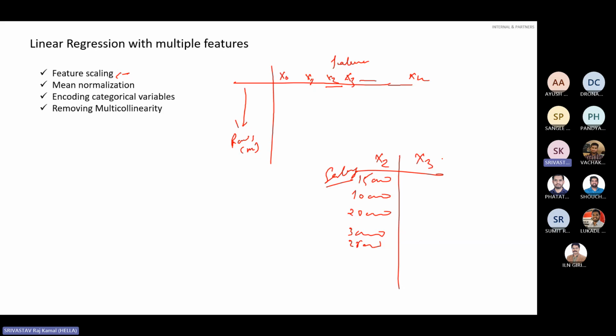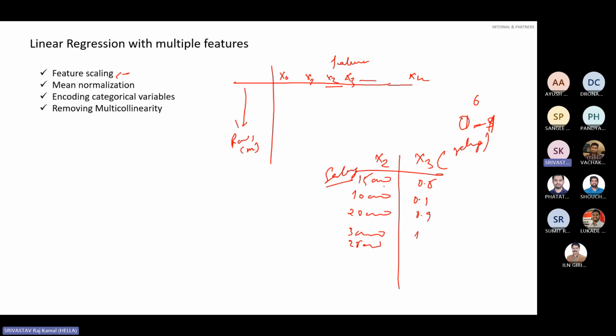There is another feature, which could be some kind of rating in the range of, say, 1 to 3, for example, or 0 to 1. So it could have values like 0.1, 0.9, 1.